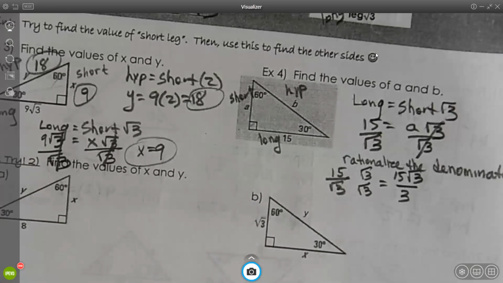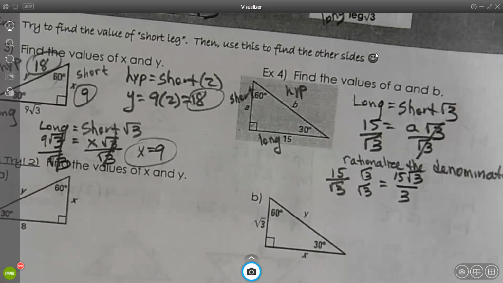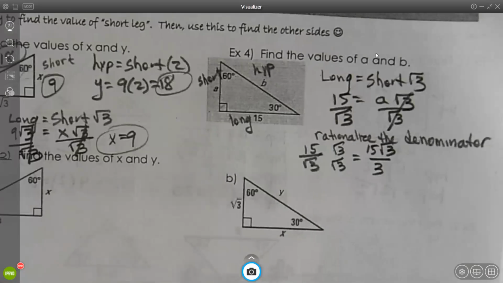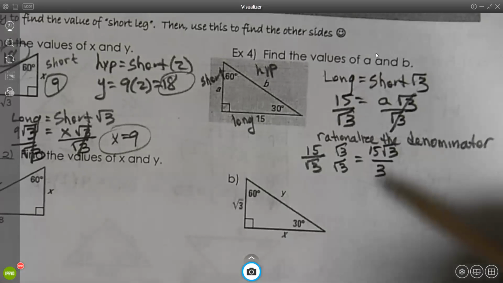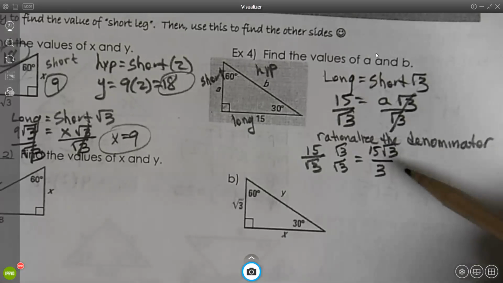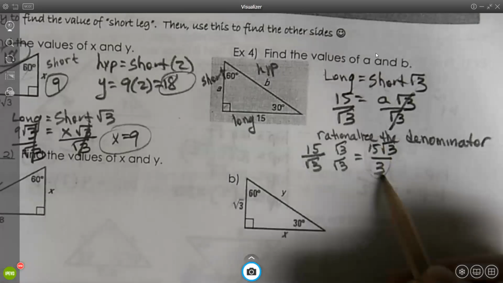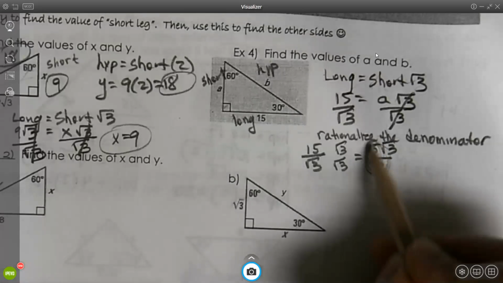And we feel like we're all set. No, you cannot cross out the 3's because 3 is not the same thing as root 3. Right? Root 3 is something times something that makes 3. But you can reduce the 15 and the 3 since they're both whole numbers.